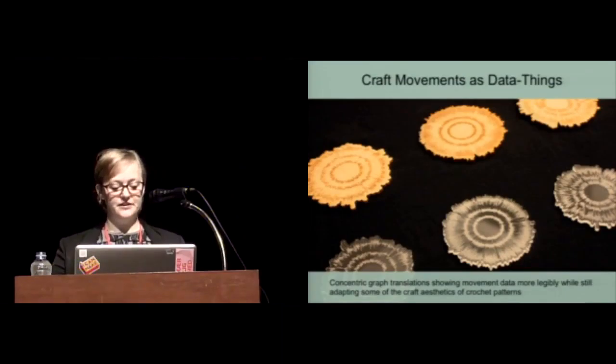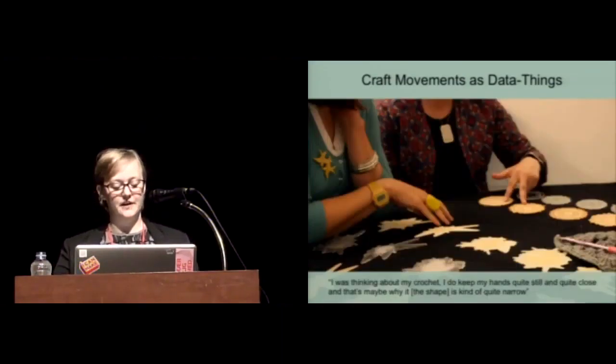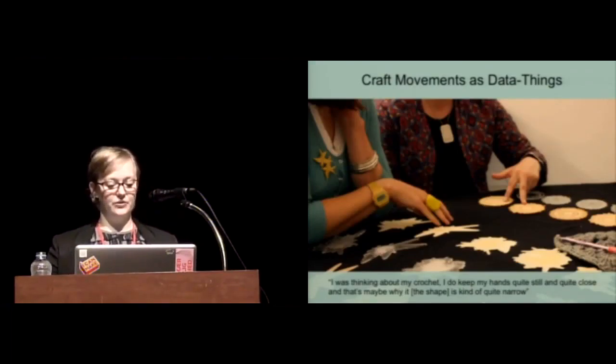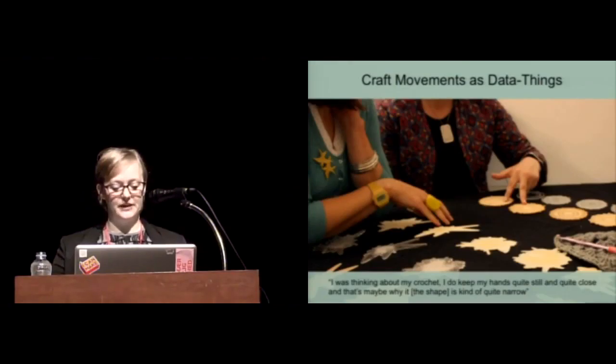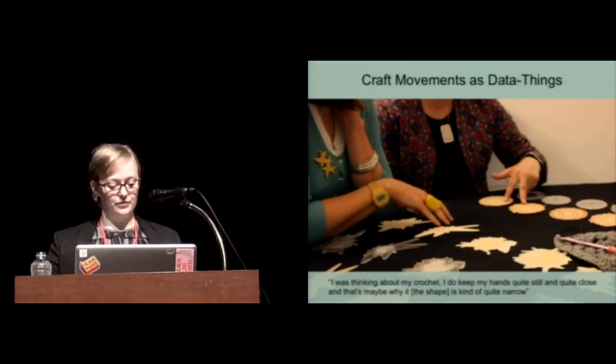When comparing these translations with the first iteration, our participants found that these were more legible as they could almost see the stitches, which allowed them to better reflect on their techniques or practice in correlation with others. For example, one participant stated, "I was thinking about my crochet. I do keep my hands quite still and quite close, and that's maybe why the shape is kind of quite narrow."